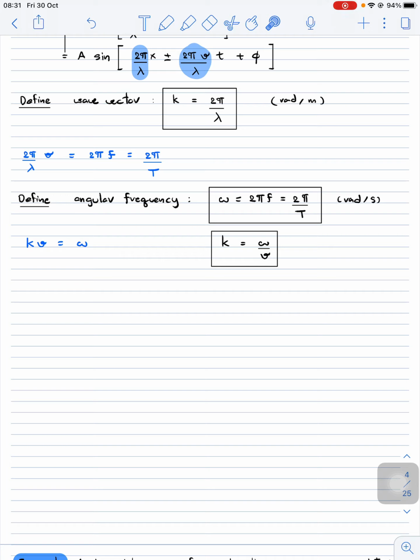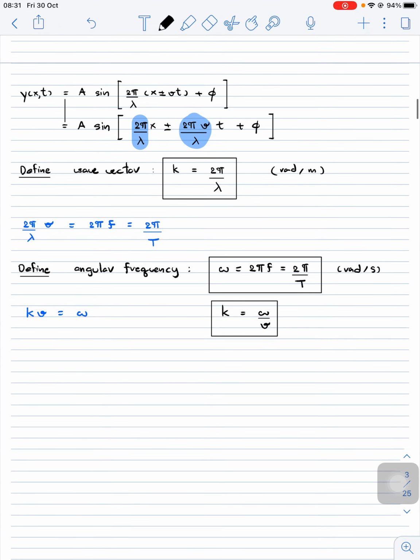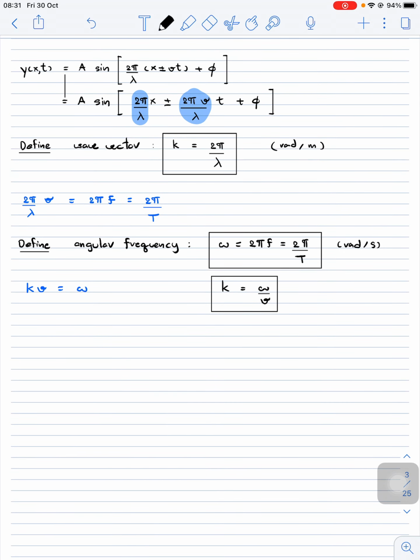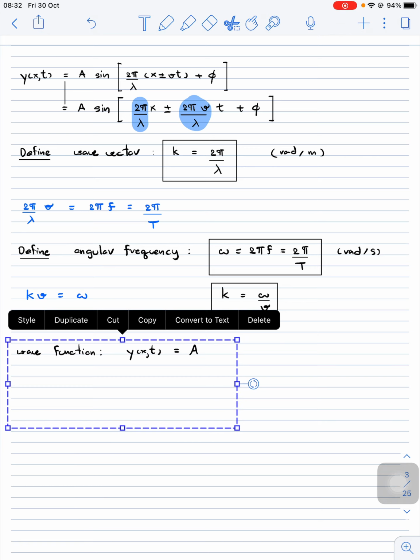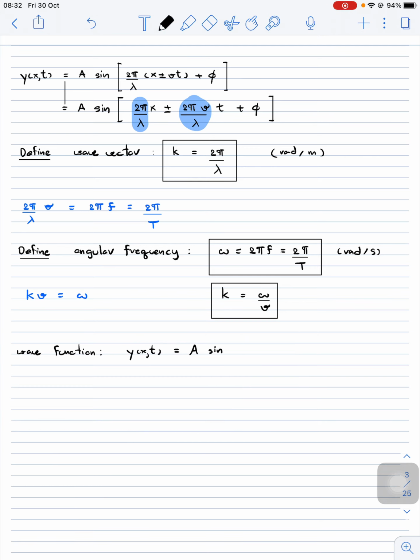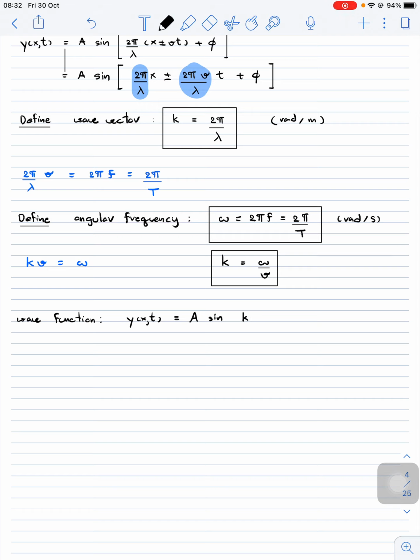Okay, so now for the conclusion, we can write down the equation of y, the wave function, to be y(x,t) equal to A times the sine of kx plus or minus omega t, plus phi, and that's it.